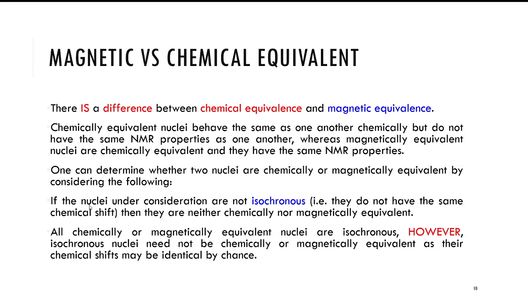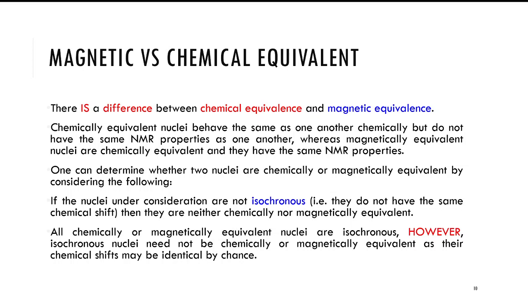If the nuclei under consideration do not have the same chemical shift, in other words they are not isochronous, and isochronous means they have the same chemical shift, then they are neither chemically nor magnetically equivalent. That makes sense, if they don't have the same chemical shift, they're definitely not chemically or magnetically equivalent. But all chemically or magnetically equivalent nuclei are isochronous. They have the same chemical shift.